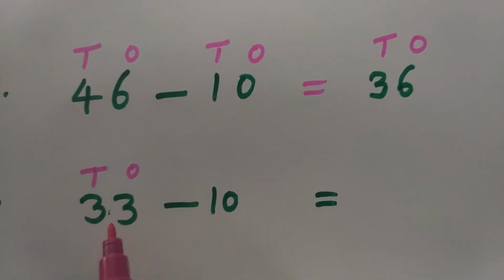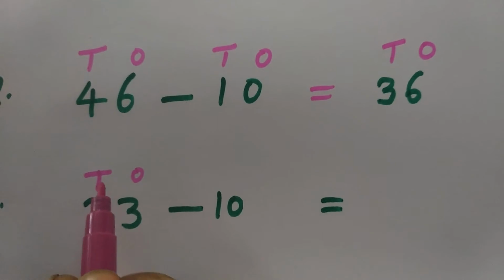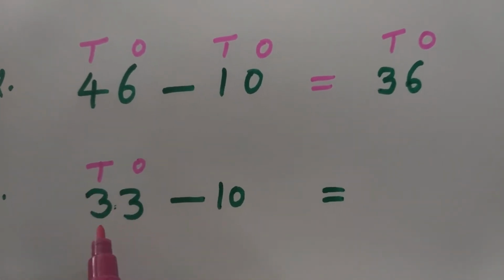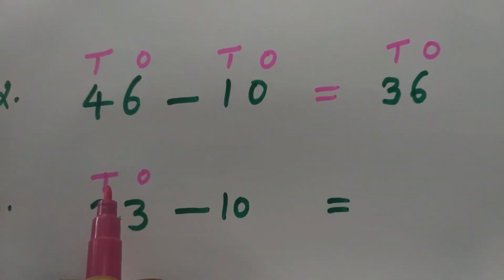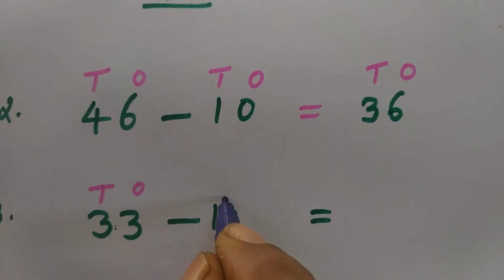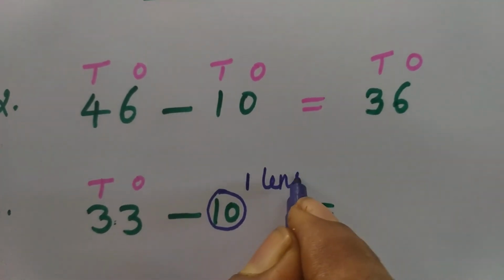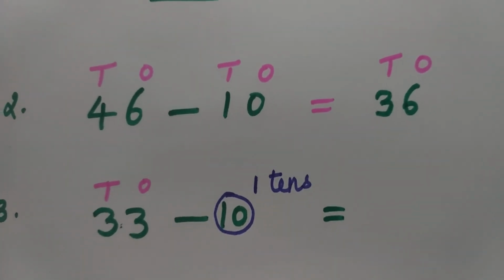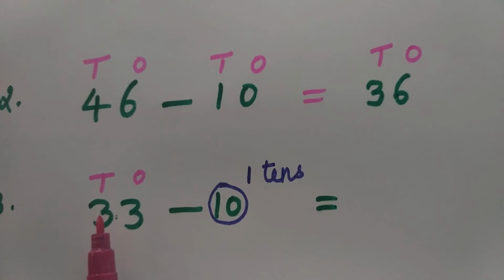See, next sum 33 minus 10. You just mention ones and tens place for this first number alone. You are subtracting 10. So 10 means in tens place you just subtract 1/10. So this represents 1/10, isn't it? So what we are doing, we are subtracting this 1/10 from this tens place number.